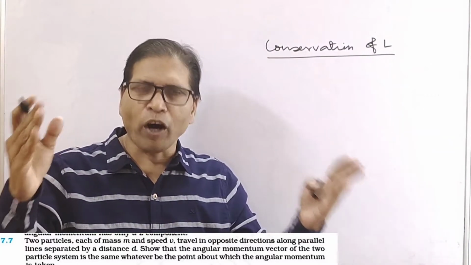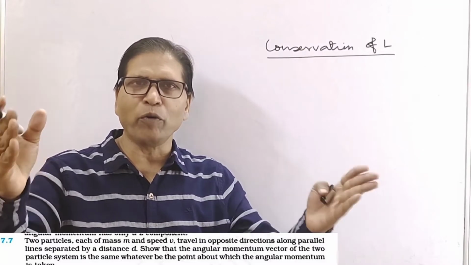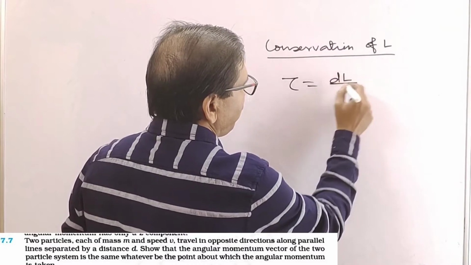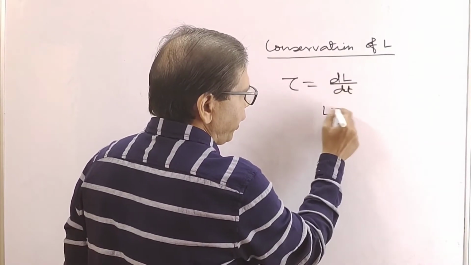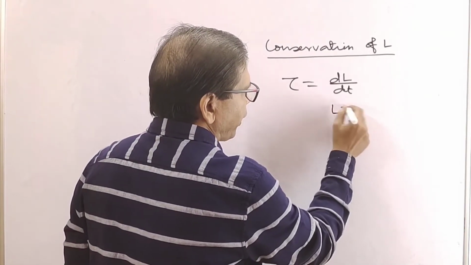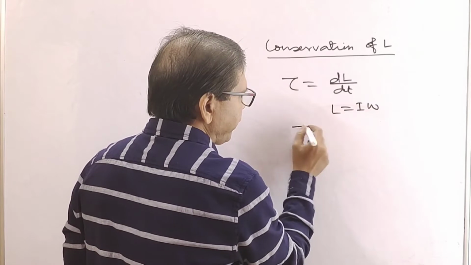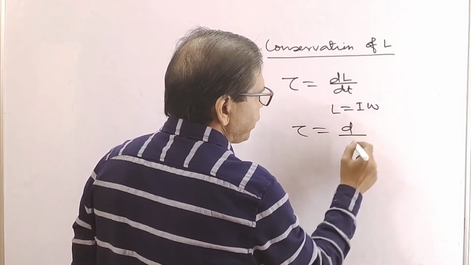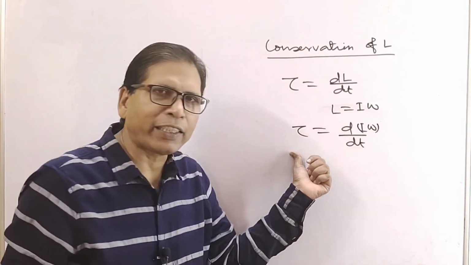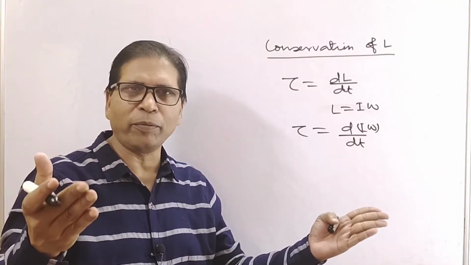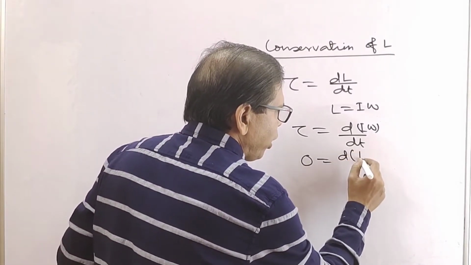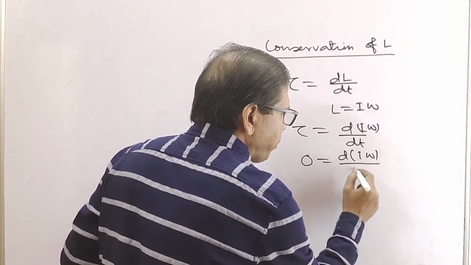We know that the torque is the rate of change of angular momentum, that is tau equals dL by dt. Now we know L equals I omega. So tau equals d by dt of I omega. Now if the external torque acting on a system is 0, then 0 equals d of I omega divided by dt.